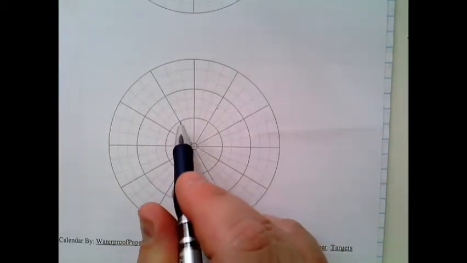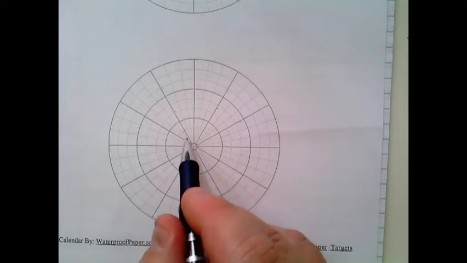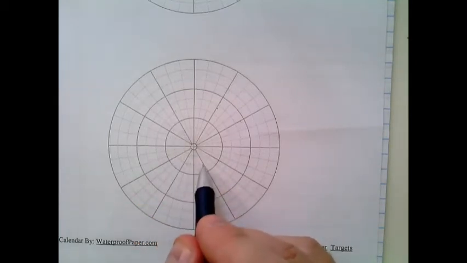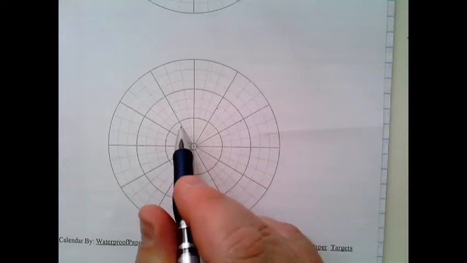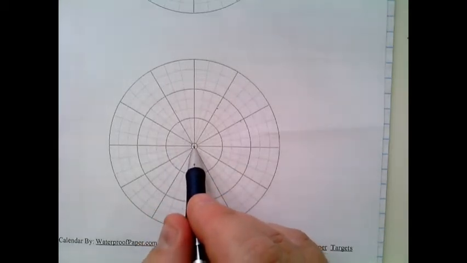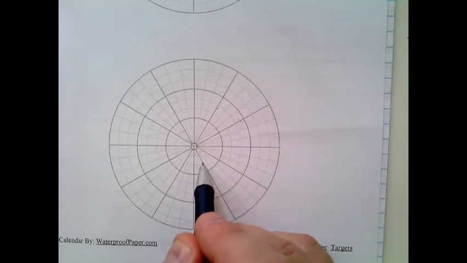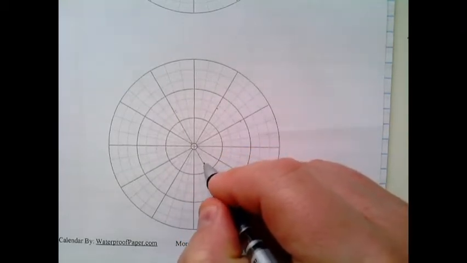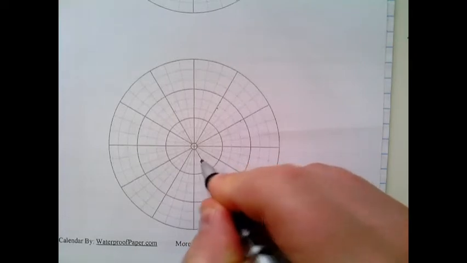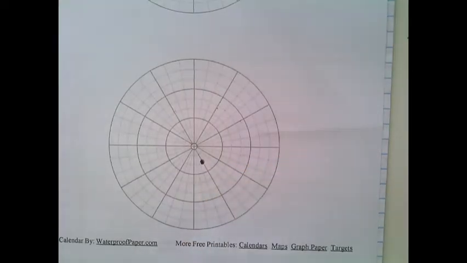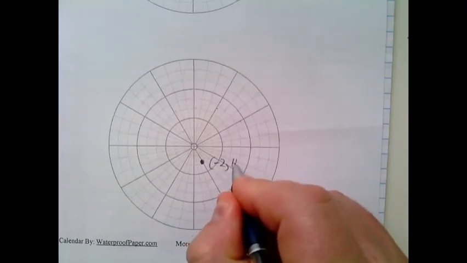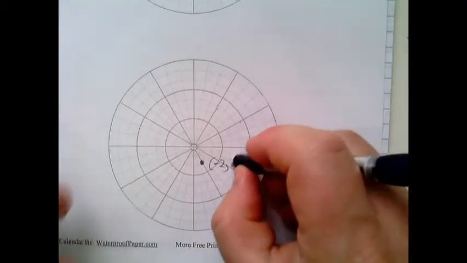So rather than coming up into quadrant 2, I'm going to follow the radial line that's exactly 180 degrees off of the one for 2 pi over 3, because my r value is negative. So that's going to put me 1 circle, 2 circles. It's going to put me right there. So that's the point negative 2 comma 2 pi over 3.